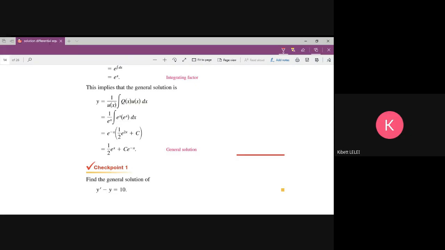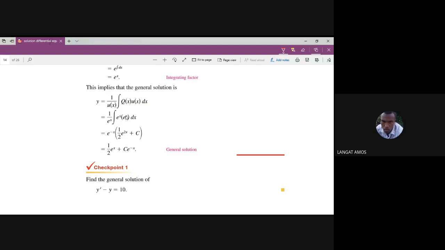We square this e, times e, e square, so that we get e raised x.